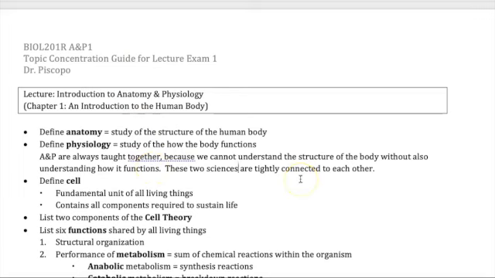The whole trick to keeping this topic concentration guide up to date is to make sure that you do it as you go. Watch the video, take notes, then immediately go to the topic concentration guide and fill it in using the slides and your notes. Make sure that you've included all of the information that I provide for you during the lecture.